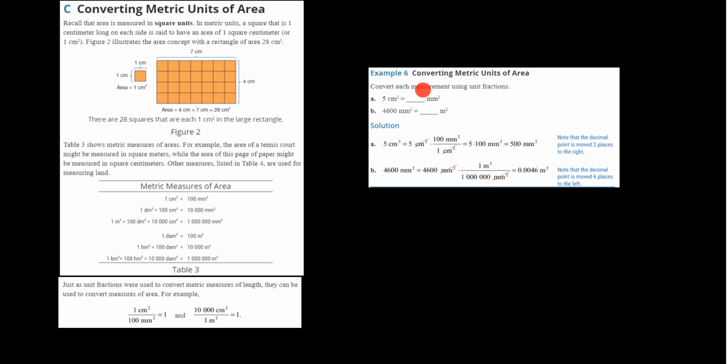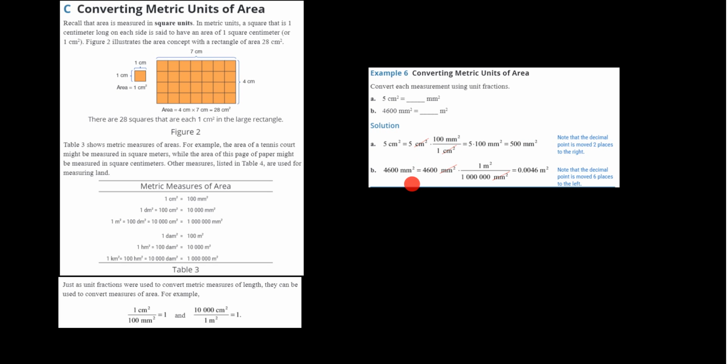Convert each measurement using unit fractions. If we have 5 square centimeters, how many square millimeters is that? Same thing we did in examples 1 and 2. 5 square centimeters times 100 square millimeters per 1 square centimeter. You cancel centimeters, and then you just have 5 times 100, or 500.